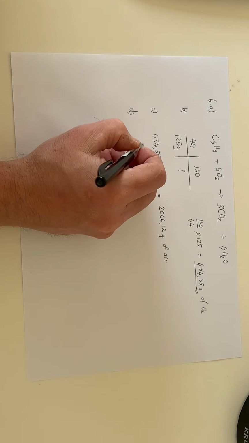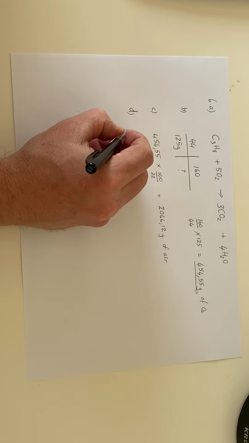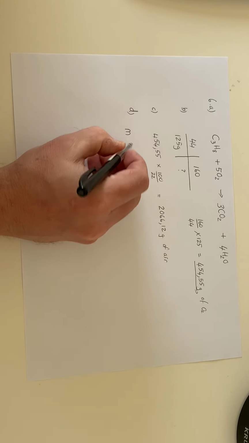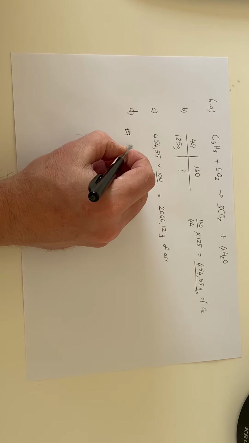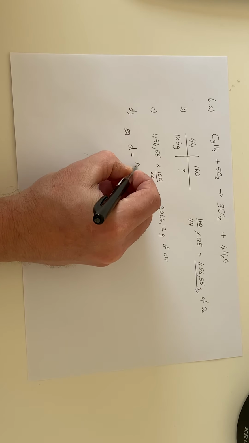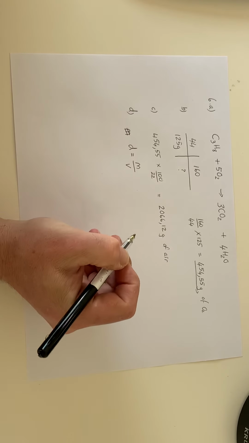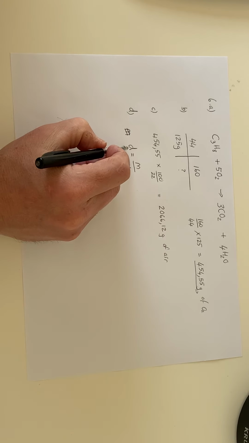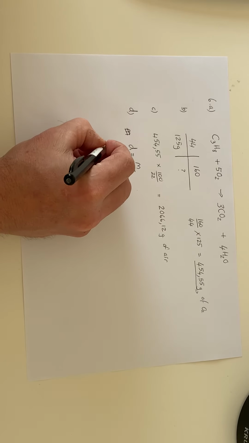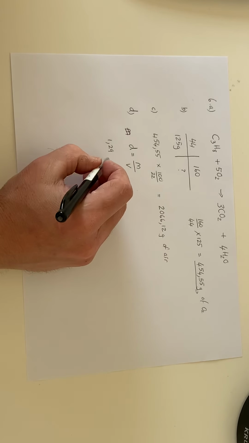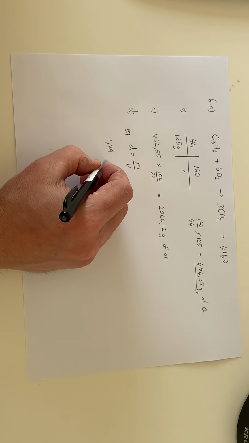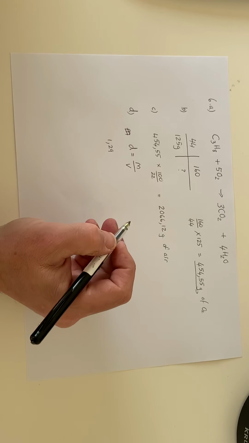Okay, so we know from our previous work that density is equal to mass divided by volume. And this density is 1,29 kilograms per meters cubed.